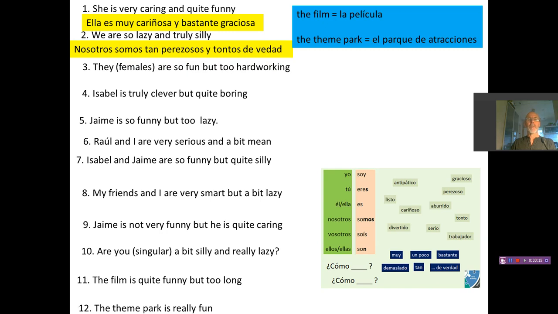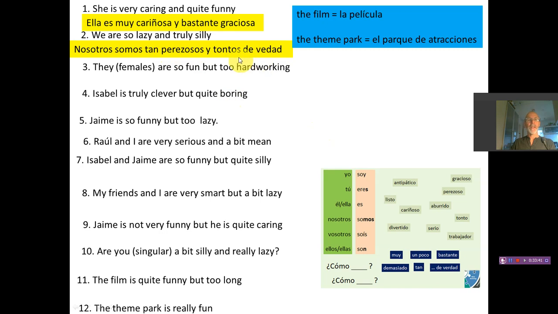And you just have to remember that this one comes after the describing word. So look, if we go back to our little sheet here, muy, un poco, muy, very, un poco, a bit, bastante, quite, demasiado, too, and tan, so, all come before the adjective. So we have tan perezosos, muy cariñosa, but de verdad comes afterwards.